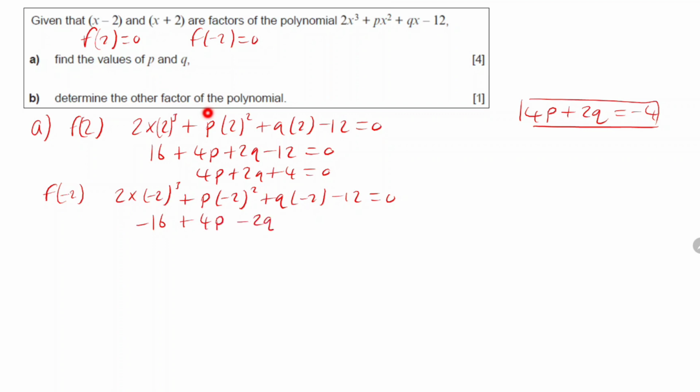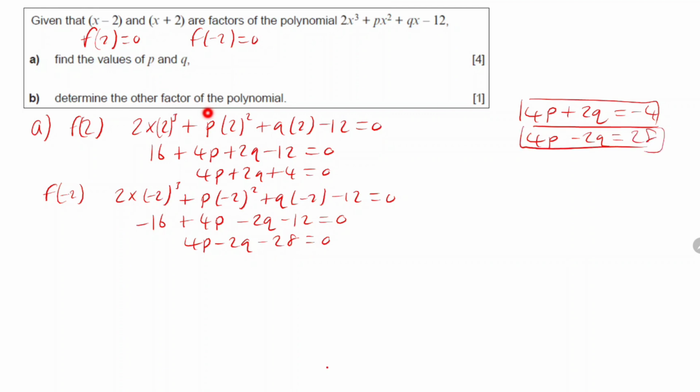Q times by minus 2 is minus 2q. And we have minus 12 at the end. Equals 0. Minus 16 and minus 12 gives us minus 28. So 4p minus 2q minus 28 equals 0. So our second equation will be 4p minus 2q equals 28.